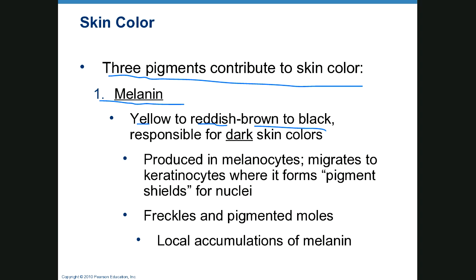But it is produced in the melanocytes, and then it migrates up above the keratinocytes, and it forms a shield for the nuclei of the keratinocytes. So the melanin protects the skin from skin cancer. Now, freckles and pigmented moles are simply accumulation of melanin. The purpose of the melanin is to protect the nuclei of the keratinocytes, therefore greatly decreasing the chance of skin cancer.